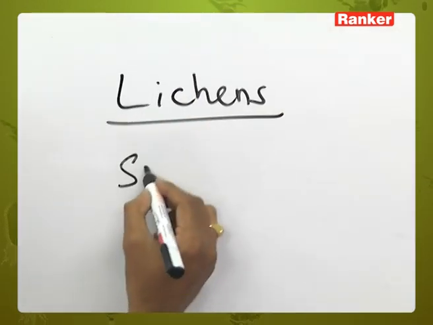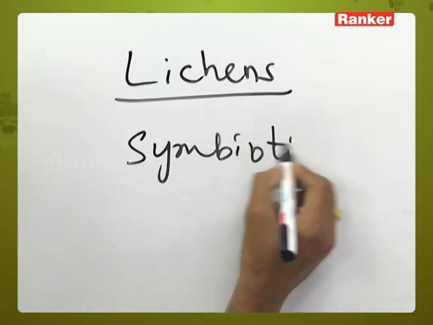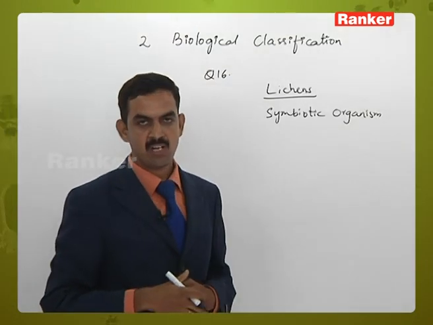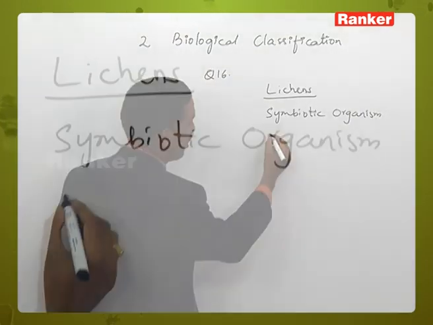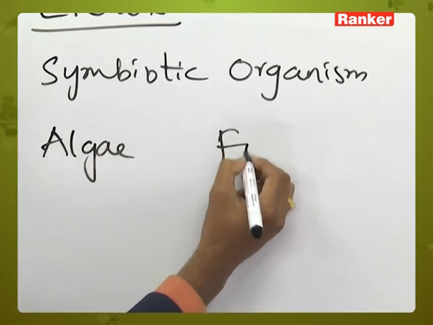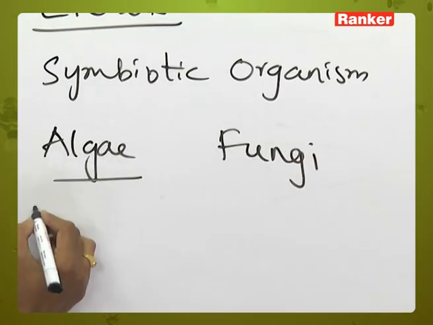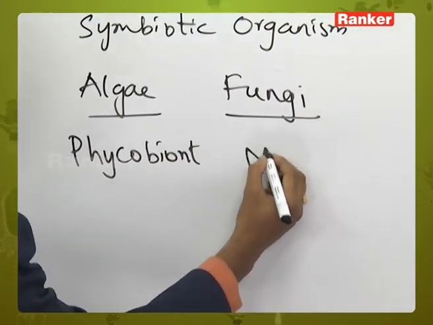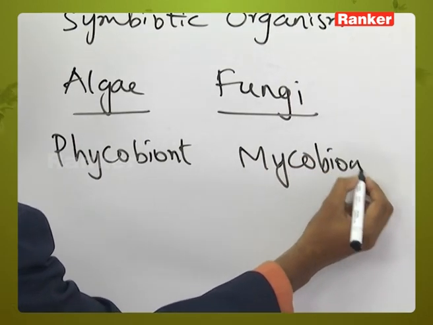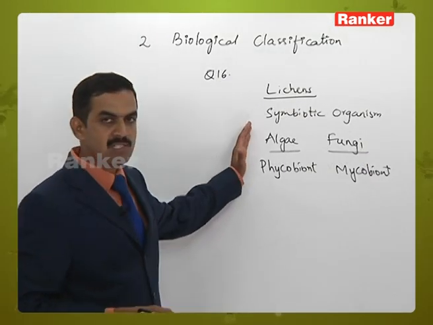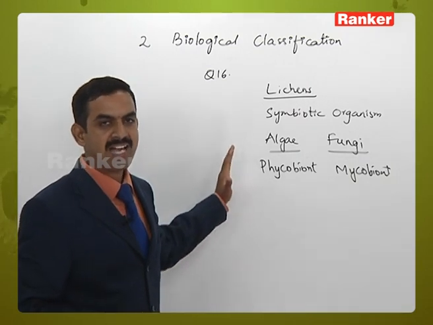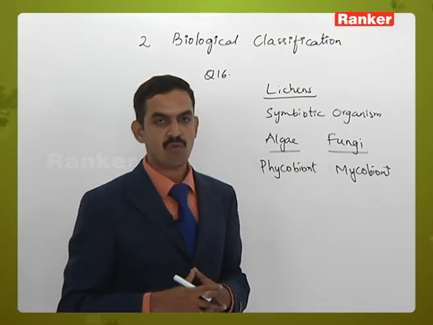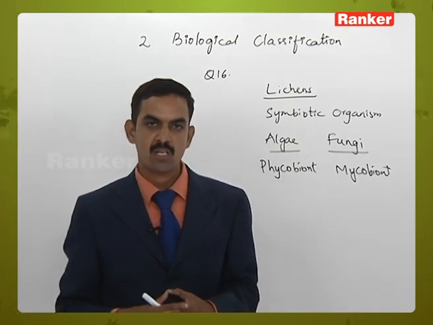Lichen is a symbiotic association between two different types of living organisms. One group of organism is called algae and the other is called fungi. The algal group is called a phycobiont, while the fungal group is called a mycobiont. The algal group is a photosynthetic and autotrophic organism, whereas mycobiont is a heterotrophic and non-chlorophyllous organism.